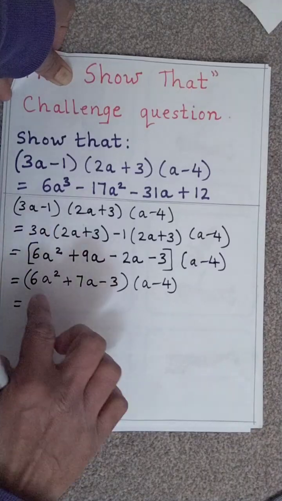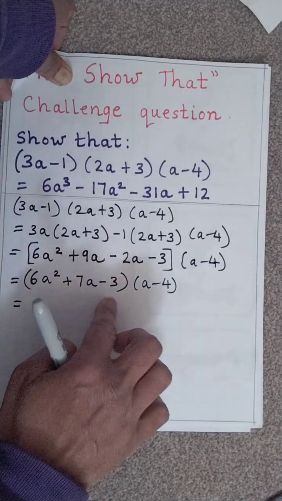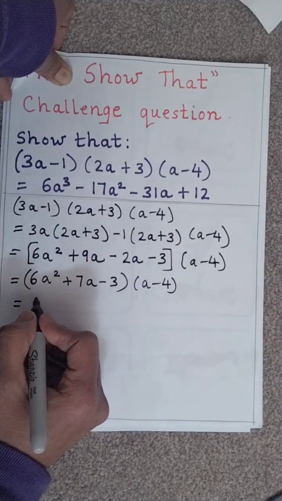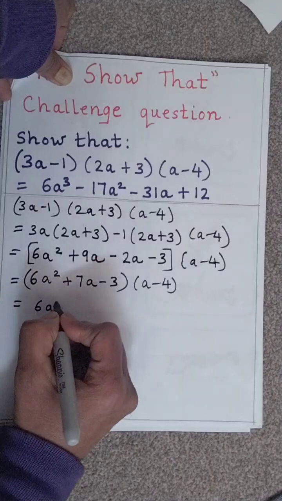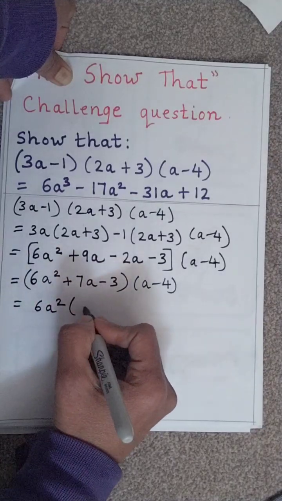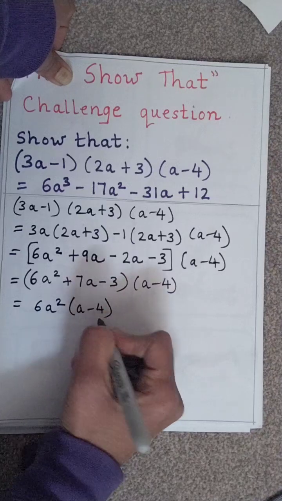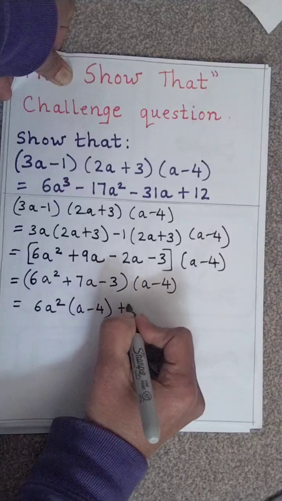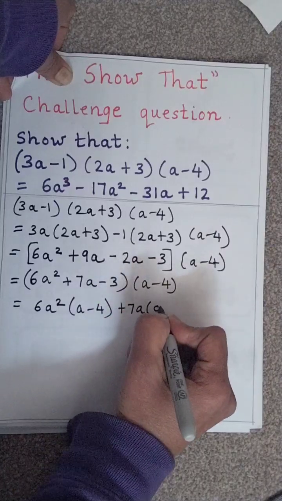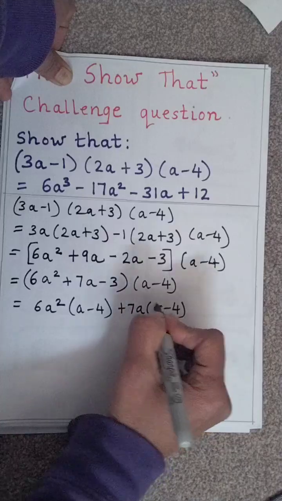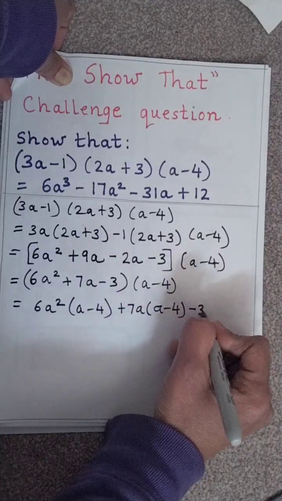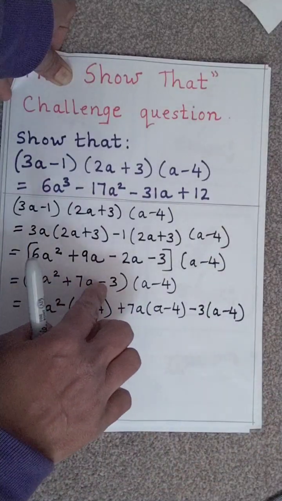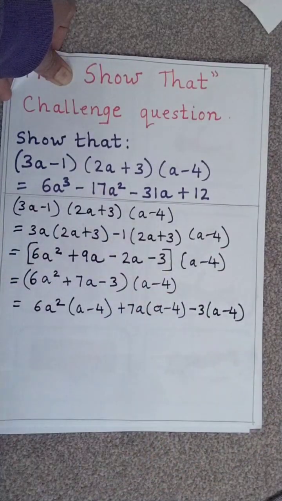Is equal to, we take these 3 terms and multiply: 6a square times a minus 4, then plus 7a times a minus 4, minus 3 times a minus 4. We have taken each and every term from the first bracket and multiplied by a minus 4.